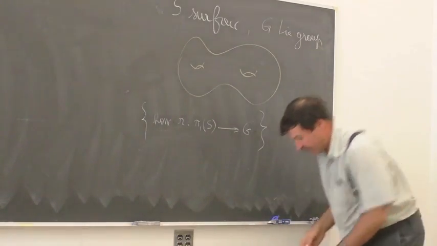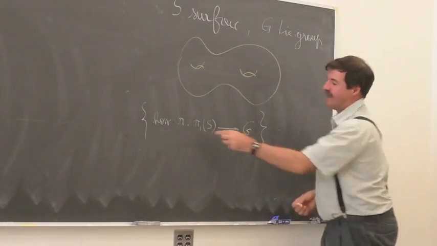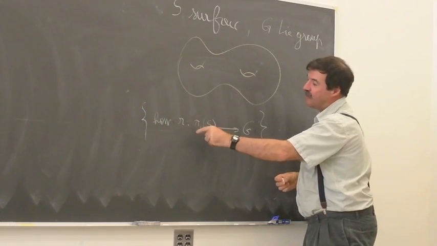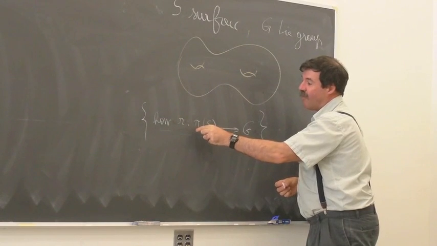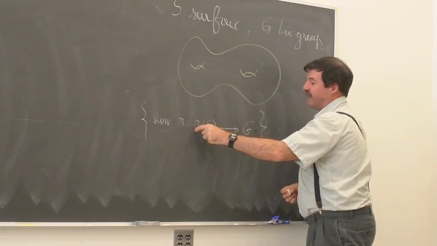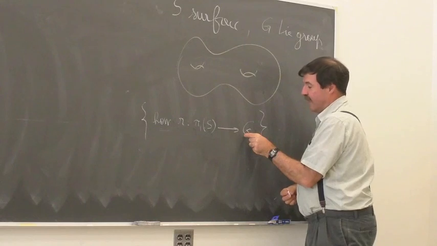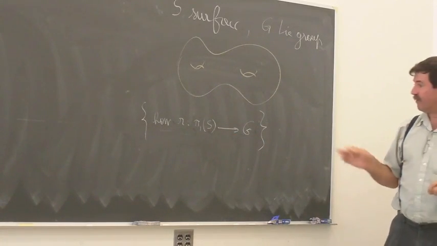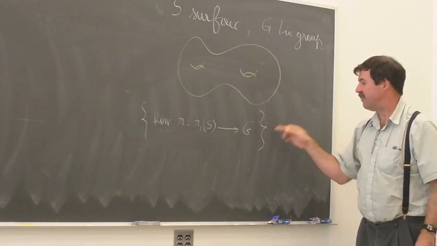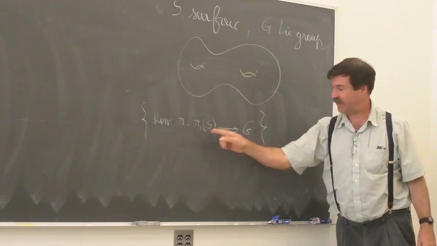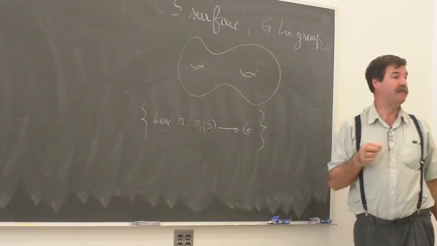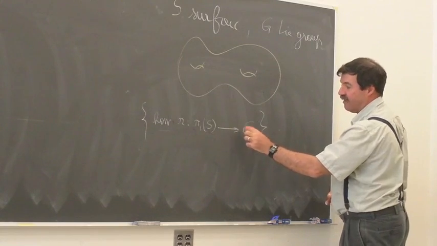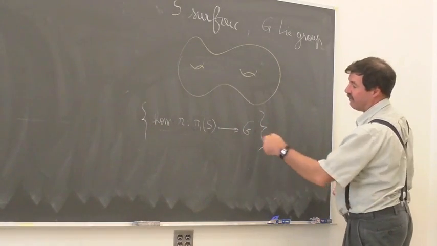Well, it's fairly simple because if the surface is compact, this is finitely generated, and if you want to give yourself a homomorphism from a finitely generated, finitely presented group to a Lie group, you need to specify the image of the generators. So you give yourself an element of G times G times G, but then whenever you have a relation here, you need to have a relation between the images of the generators. So what you see is that this set in the Lie group is defined by certain relations.